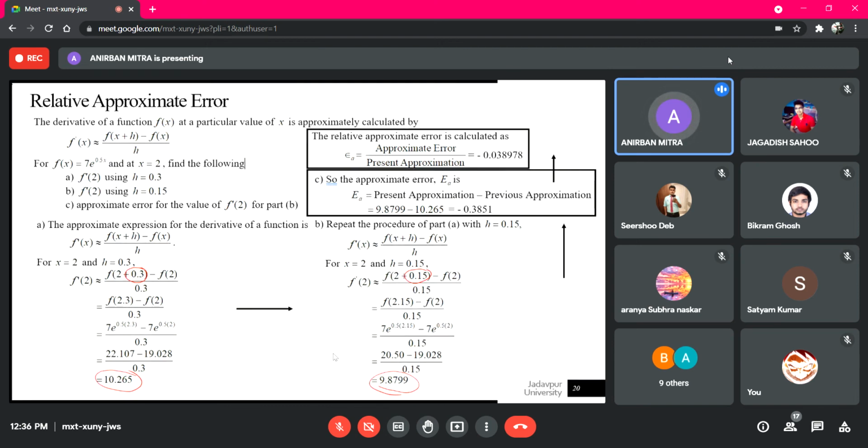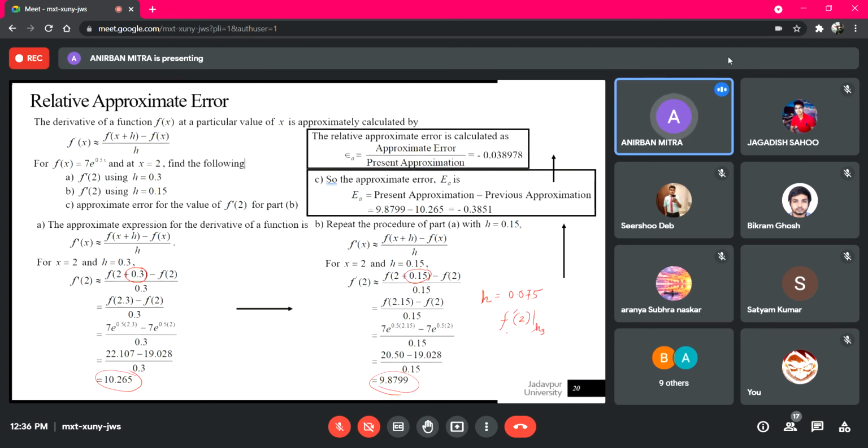If we now go ahead and calculate the same thing with h equal to 0.075, that is half of 0.15, following the same process, we will obtain a value of f dash 2 at, let's say, h3. This was 0.075. So we'll put those values here, and we'll calculate the value for f dash 2. And that is f dash 2 at h3.